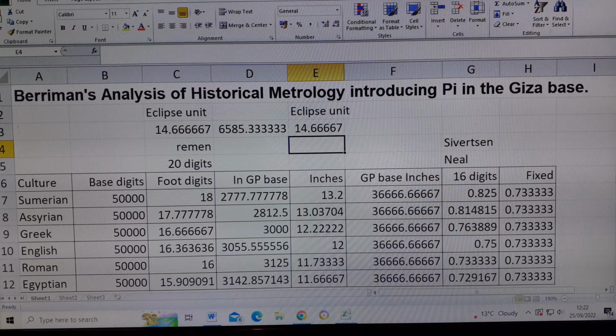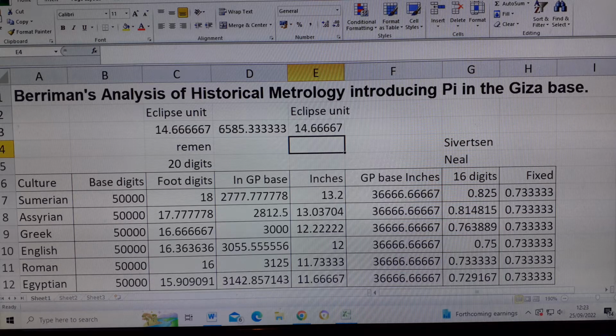And we'll find this base in every foot that we look at from all the different cultures that Berriman talks about. He talks about Sumerian feet, Assyrian, Greek, Roman and Egyptian, and also English. He does refer to his Egyptian royal cubit of 20.625 inches being a very English measure.